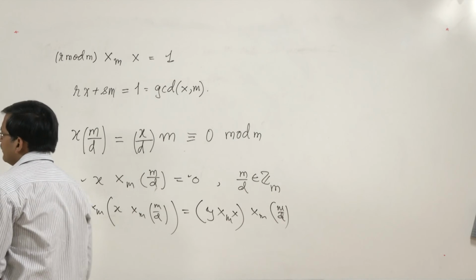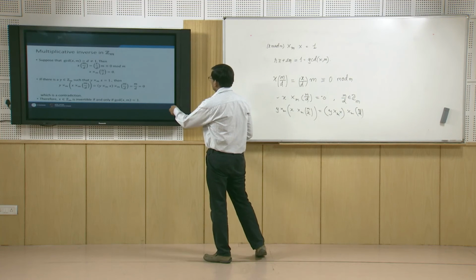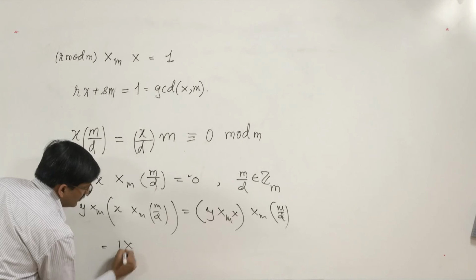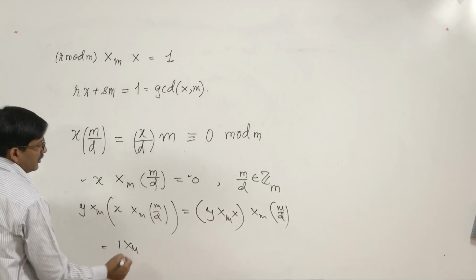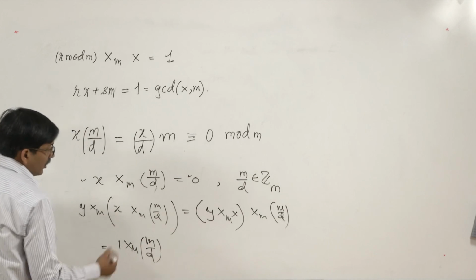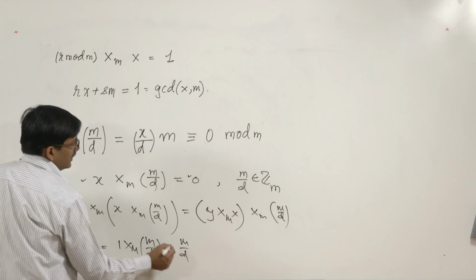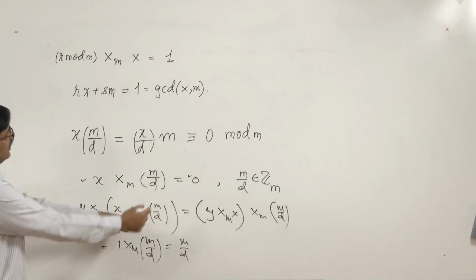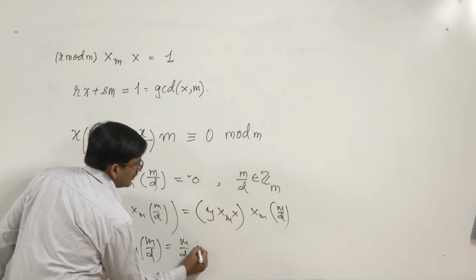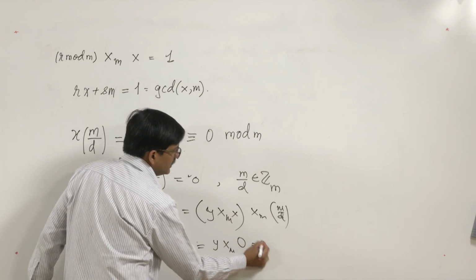This is nothing but 1 multiplication modulo m by d, which is equal to m by d. But this is equal to y multiplication mod m of 0, which is 0.